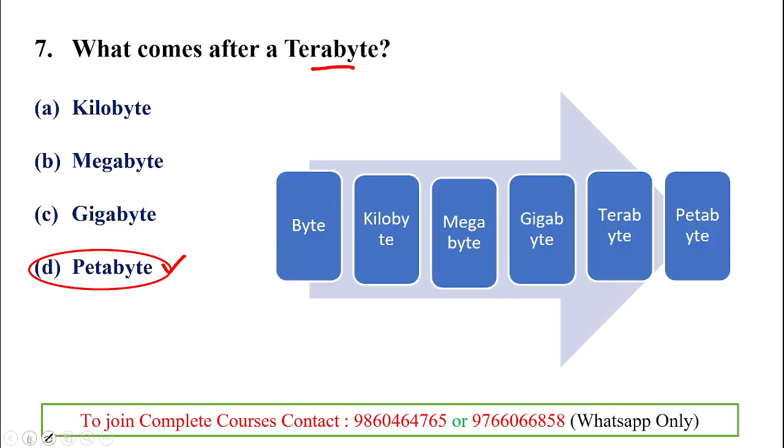Clear? First of all comes byte, and then kilobyte, megabyte, gigabyte, terabyte, then petabyte. So you must know the ordering of these memories from lowest to the highest. Clear?